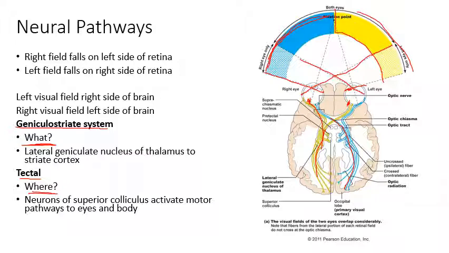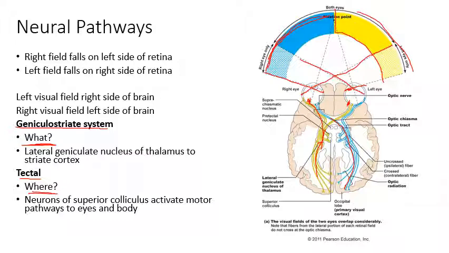Okay, and as they go back, again, we have the geniculostriate region here. These are going to be the what pathways, and then the tectal is going to be the where pathway.